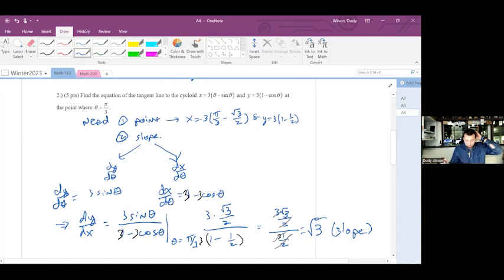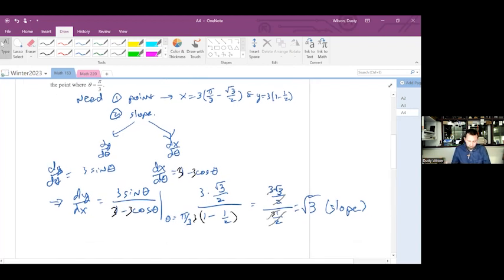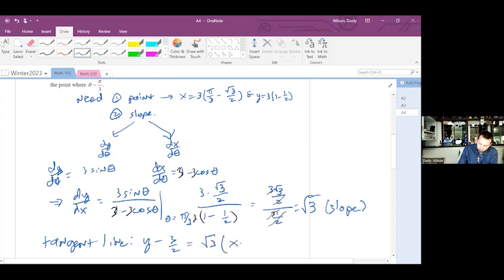So we have a point, and we have the slope. And assuming we haven't made any arithmetic errors, that means we should be able to get our tangent line. The tangent line is going to be y minus the y value, which should be 3 halves, equals the slope, root 3, times x minus, and then we've got that ugly bit for the x value.